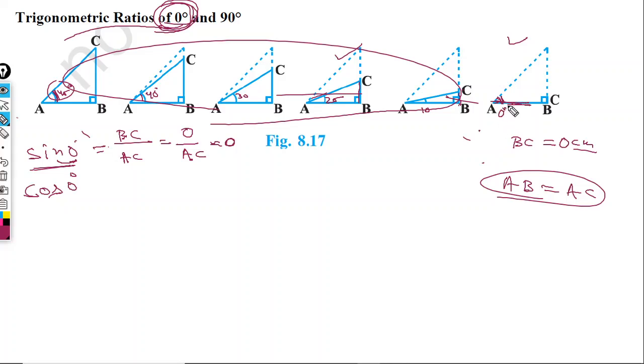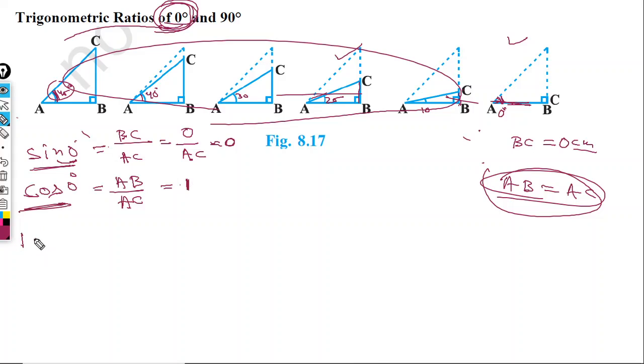So the adjacent side is AB, the hypotenuse is AC. So you can write AB by AC, and here AB is equal to AC, therefore AB and AC can be cancelled, which is equal to 1. Therefore we can say cos 0 degree is equal to 1.